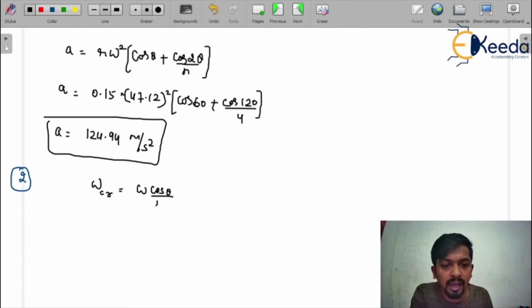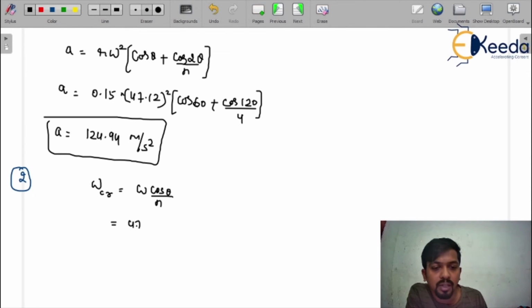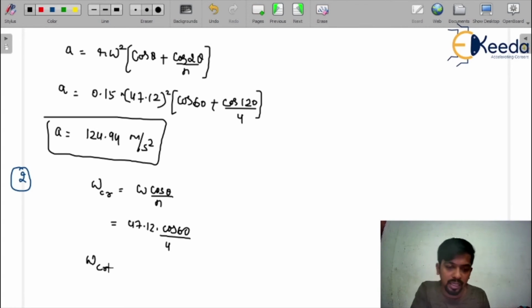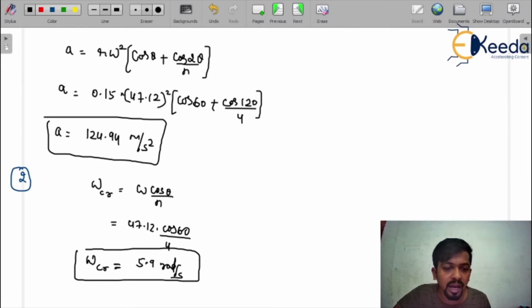Omega is 47.12, theta is 60 degree and n is 4. So the omega of the connecting rod comes out to be 5.9 radian per second. This is the angular velocity of the connecting rod.